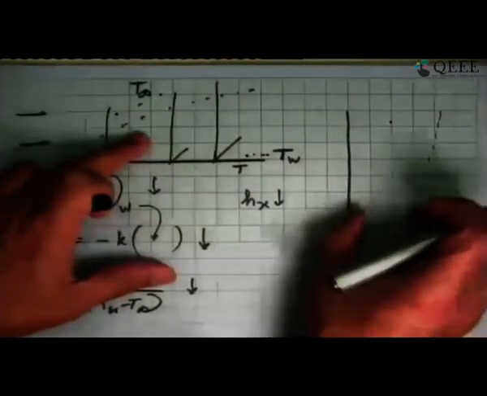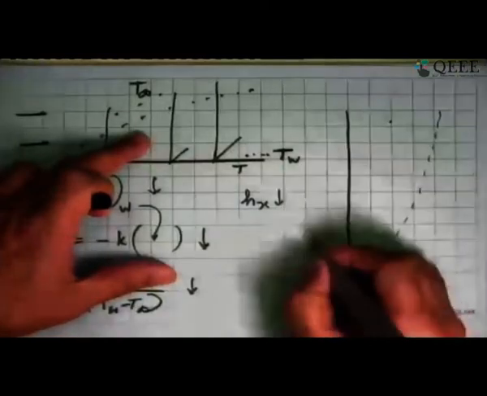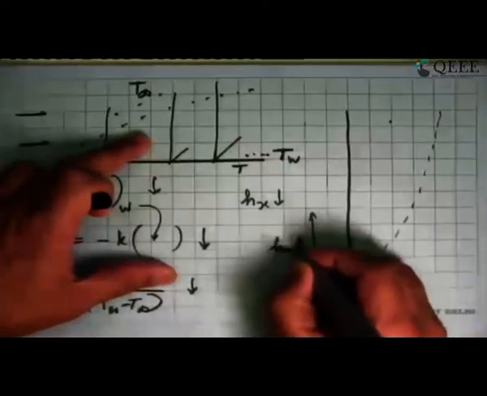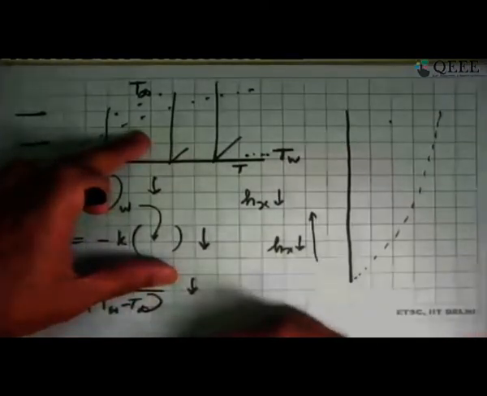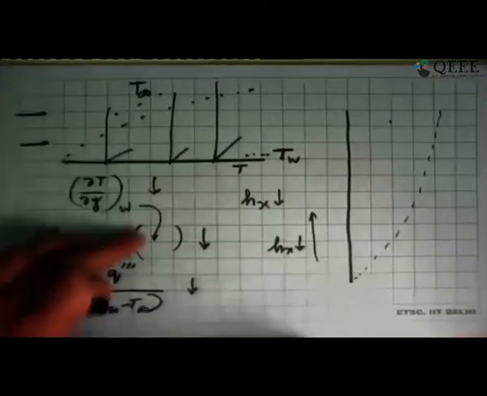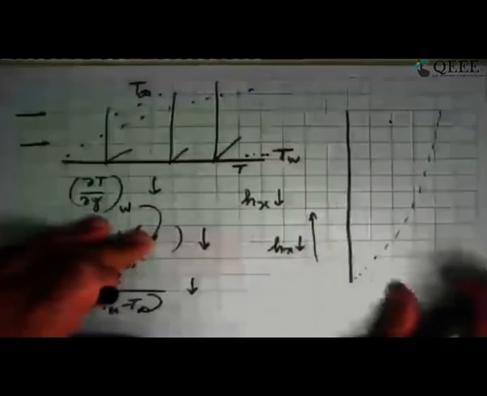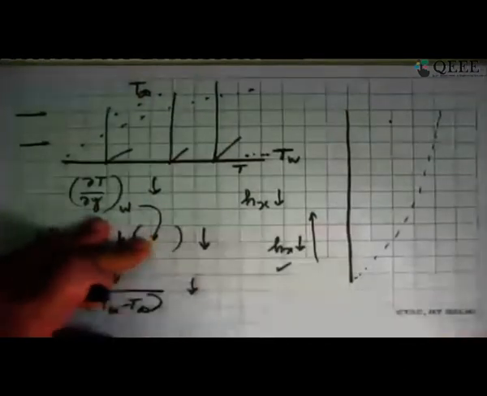The boundary layer keeps getting thicker and thicker, and that's why as you go up, hx keeps decreasing. If you look at the temperature profile, you will see the same thing happening here. So that's the reason why as we go up, the local heat transfer coefficient will keep decreasing. Okay, so that was the question.